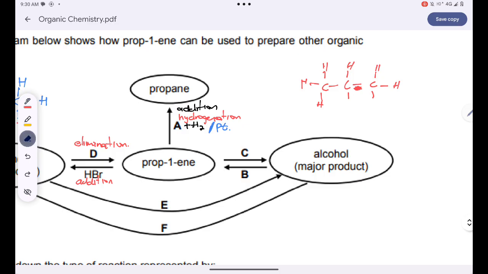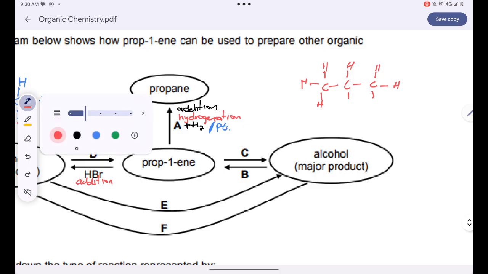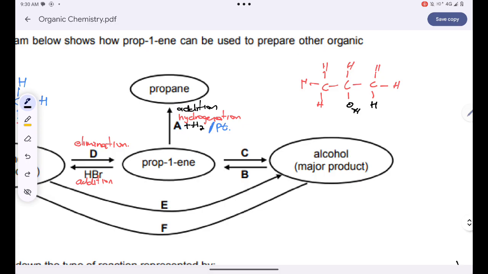The same rule applies for our major product: the hydrogen will be bonded to the carbon with the highest number of hydrogens, and then the OH will be here. So reaction C is an addition reaction, and the type of addition is hydration.